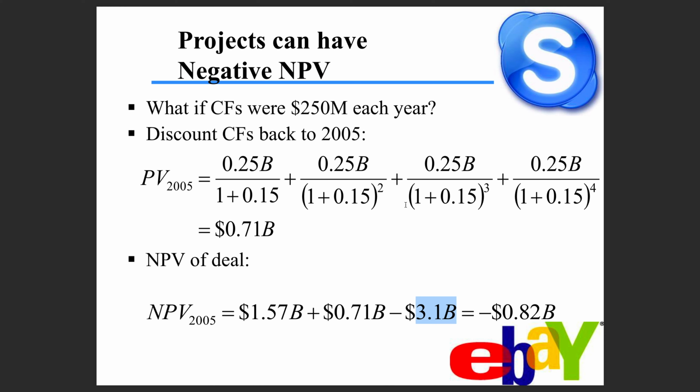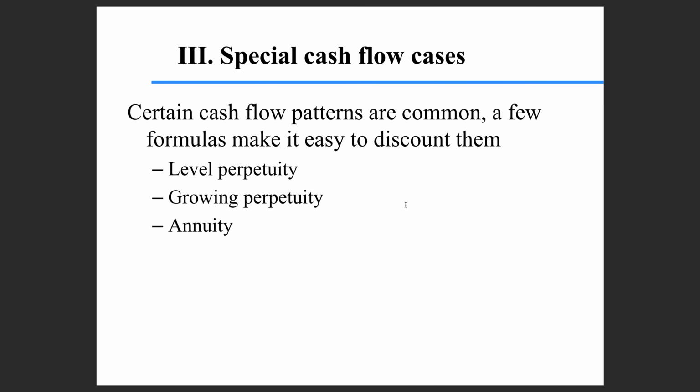To conclude, we will consider special formulas. They are shortcuts, they make your life easier, and they are useful in many valuation exercises that we are going to perform. And these formulas are regular perpetuity or level perpetuity, growing perpetuity, and regular annuity. Let's start with perpetuity.